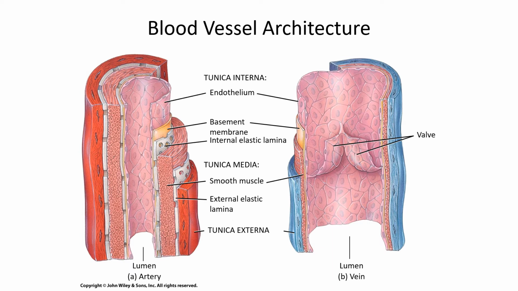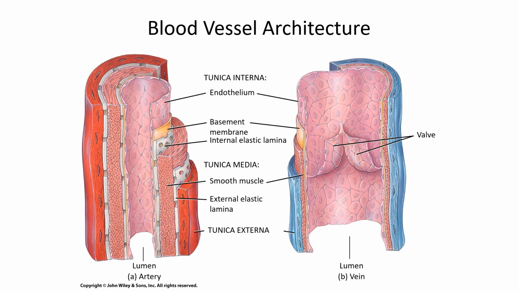Outside of that, we have another elastic lamina, the external elastic lamina, and once again, it's filled with holes to allow material to move, but at the same time, it's a structure that offers support while still allowing for some stretch. These elastic layers are going to push back against the pressure that builds up in the lumen.